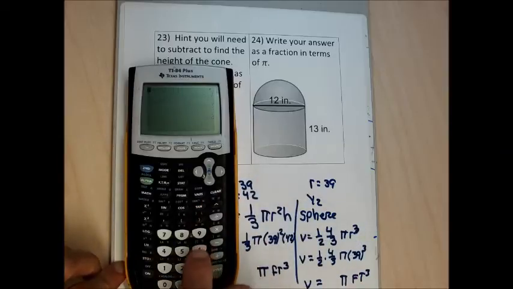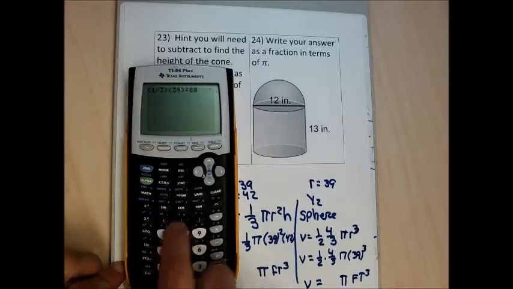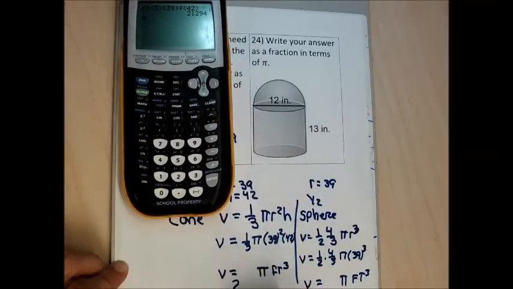For the cone, I'm going to do parentheses 1 divided by 3, and then parentheses 39 squared, and then parentheses 42. This is going to come out to a big number, but a nice number. So it's going to be 21,294 pi feet cubed. Wowzers, that's a big number.